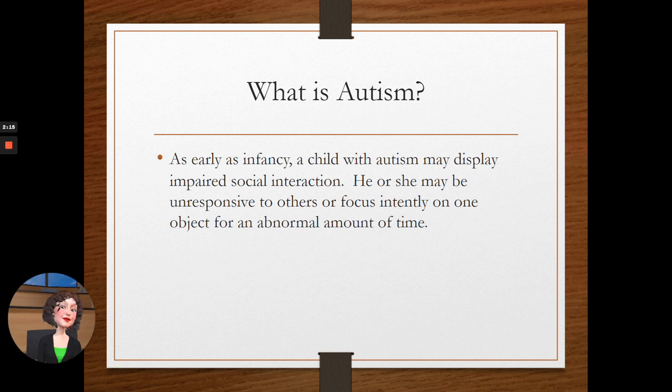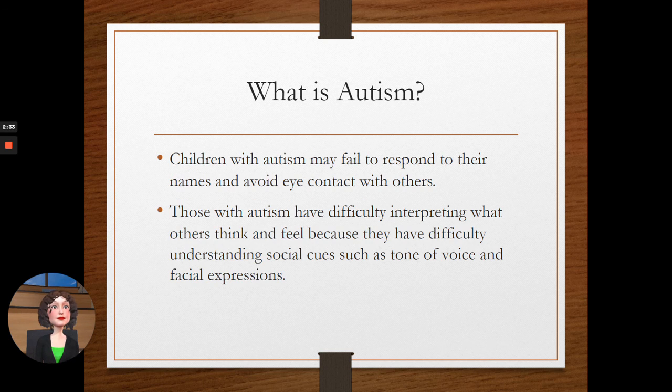Sometimes children who display symptoms of autism might not have those early markers of behavior that are typical. He or she may be unresponsive to others or focus intently on one object for an abnormal amount of time. Children with autism may fail to respond to their names or avoid eye contact with others.